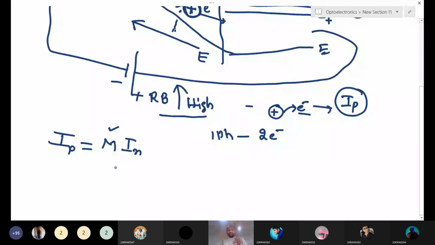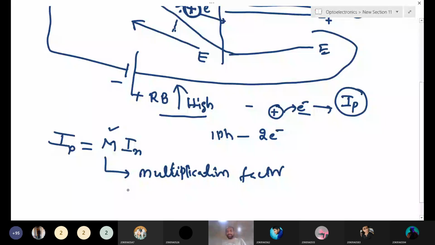You can write it down here: multiplication factor. That is why, even when the light is low, we are producing high current. That is the advantage of this avalanche photodiode.